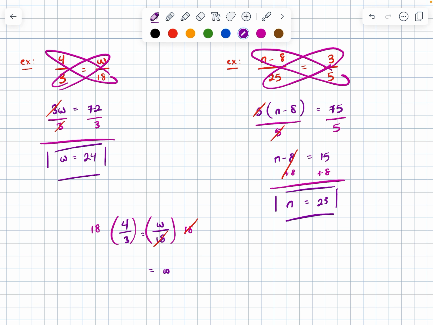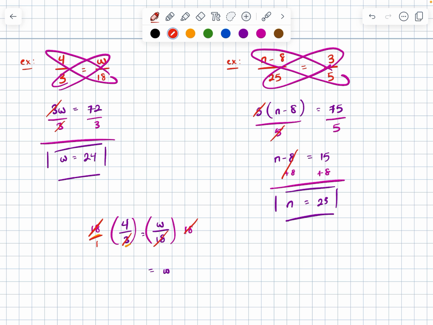And on the other side, I have 4/3 times 18. Well, 4/3 is a fraction. But 4/3 really means 4 divided by 3. So I have 4 divided by 3, and then I'm multiplying by 18. So this 18 is multiplication, this 3 is division. I could take this 18 and divide it by that 3, just like a fraction.